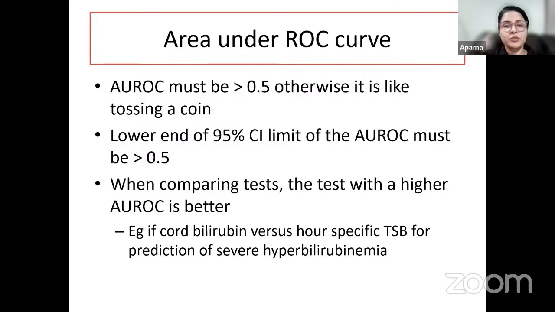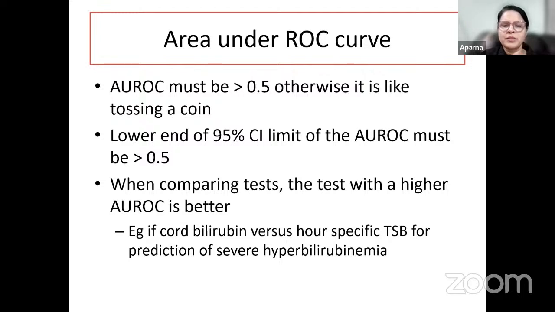PPV, or positive predictive value, means among those who tested positive, how many were truly diseased? And this is also called post-test probability. And the negative predictive value means among those who tested negative for the new test, how many were truly negative? So these were the first four terms that we learned. Then we discussed likelihood ratio of a positive test and likelihood ratio of a negative test.